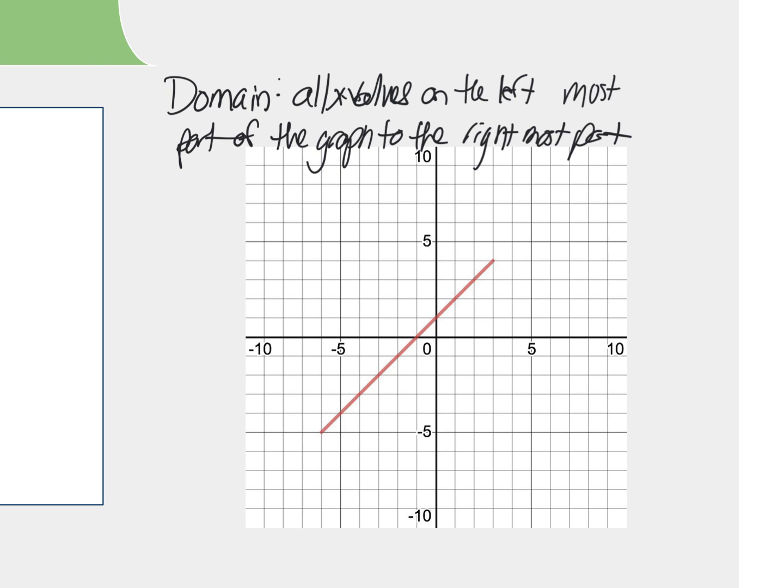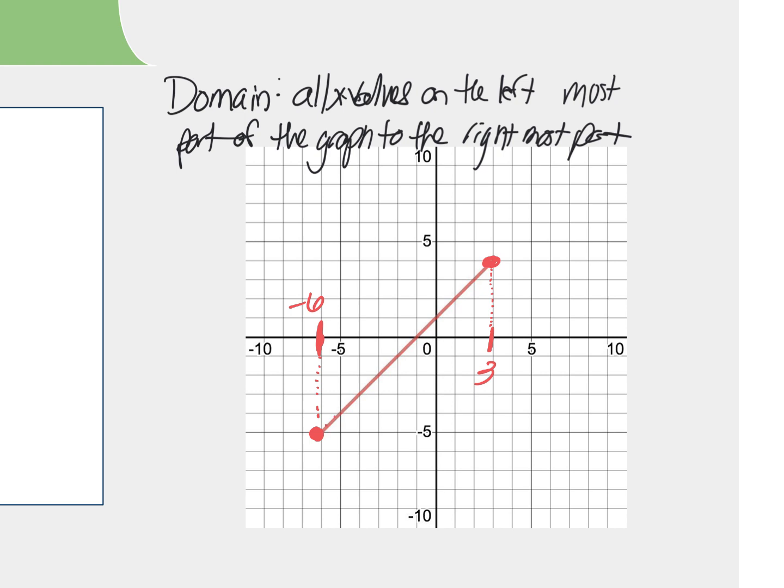If you look at this graph here, it's this red line. If I look at the leftmost portion of my graph, it starts at this coordinate. I want to think about taking this coordinate and trying to place it where it would fit on the x-axis, so -6. And then when I go to the rightmost part of my graph, you can see it's all the way up here. If I were to squish that onto the x-axis, that would be at 3.